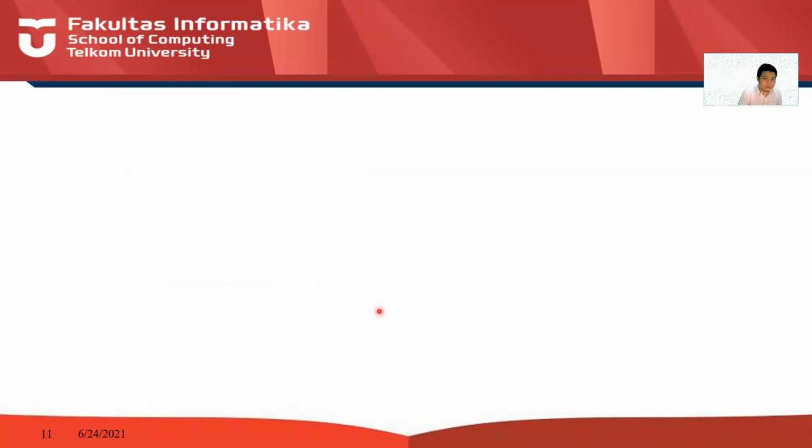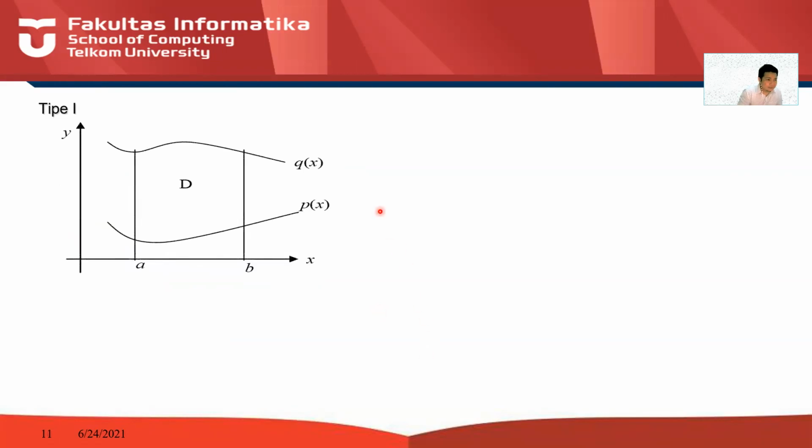We will take a look at some illustrations. So this is the illustration for type 1. Remember, type 1, x is fixed. So x itself is from A to B. The x is fixed here, but the boundary of y is bounded by functions, and the functions depend on x.